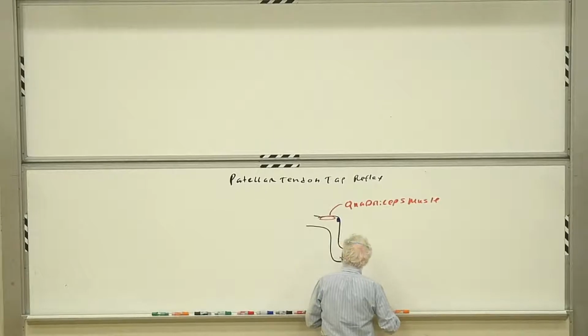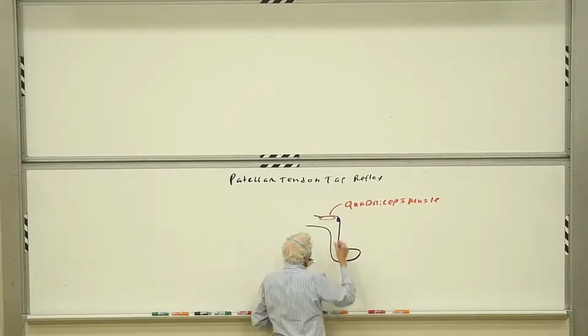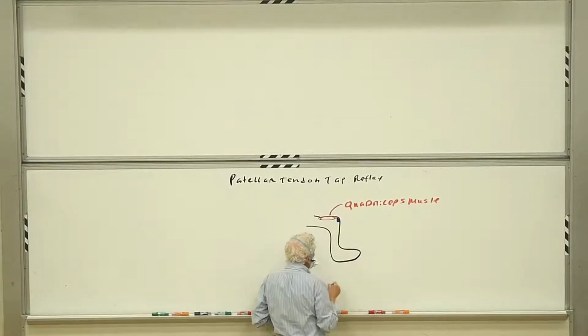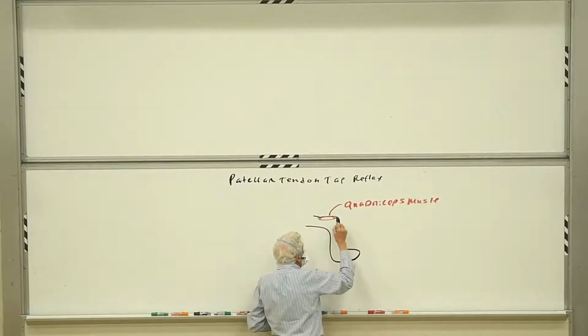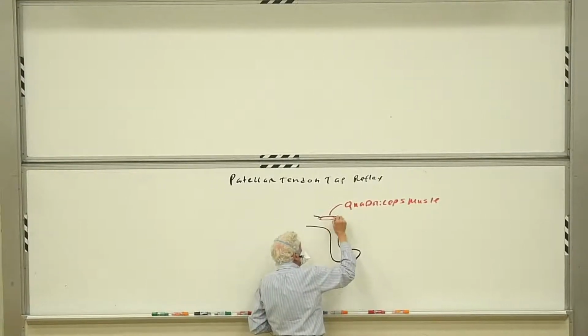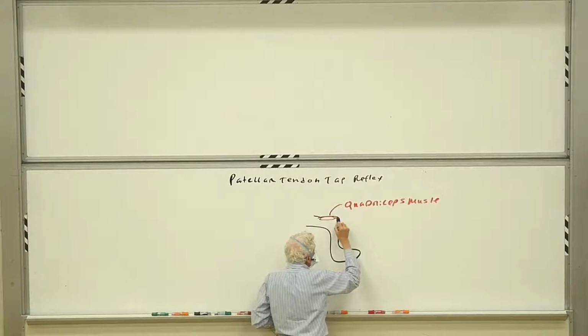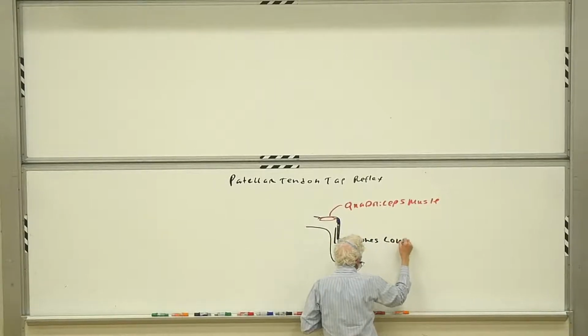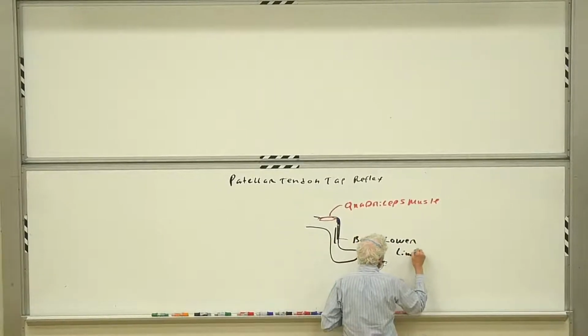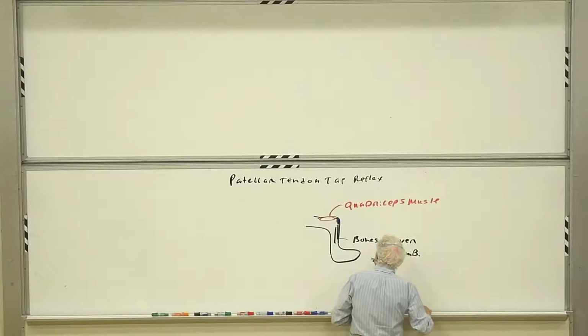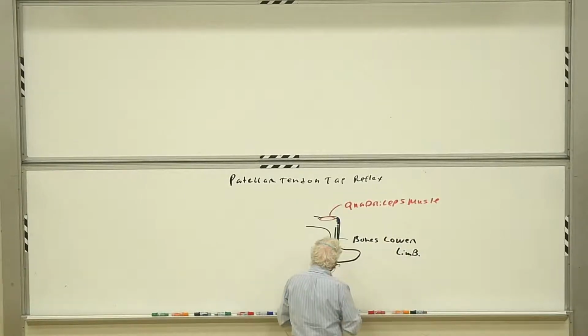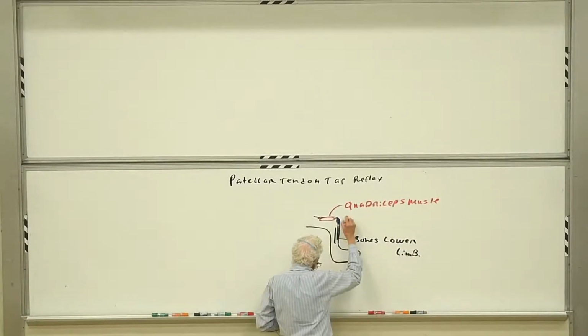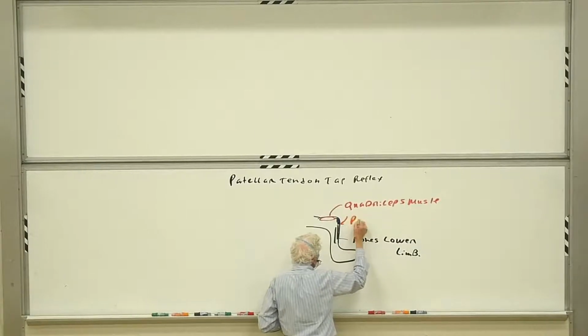The quadriceps muscle is connected directly by a tendon to the patellar tendon. The patellar tendon connects the quadriceps to the patella, and then down here to the bones of the lower limb. And this is the site that the doctor's looking for right here. It's the patellar tendon.